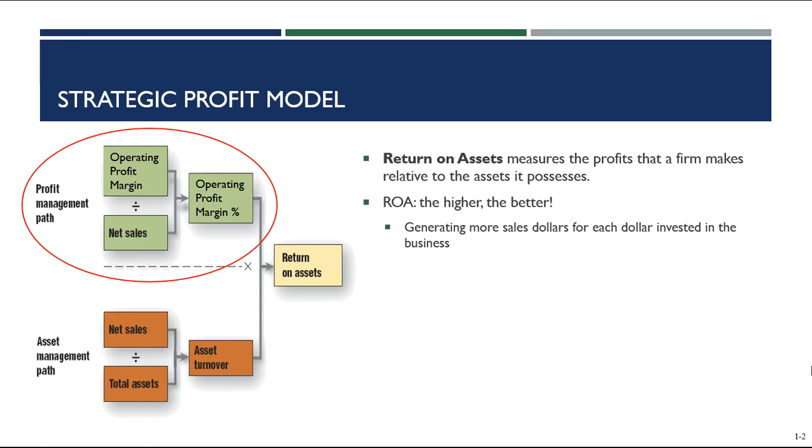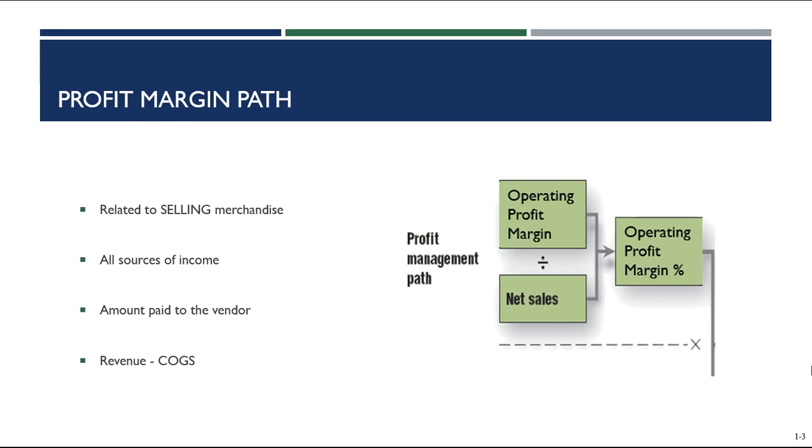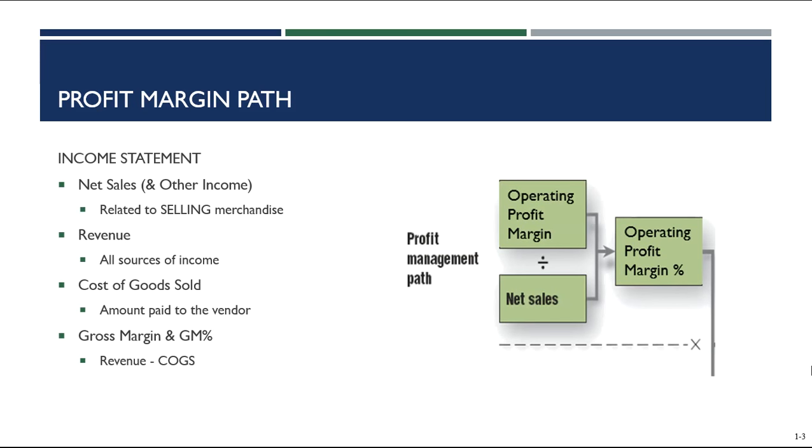All of the information that you need to analyze the profit margin management path can be found on a firm's income statement. So an income statement summarizes the financial performance of a firm over a period of time. And in the case that we're going to be looking at, it measures and summarizes financial performance within a year.